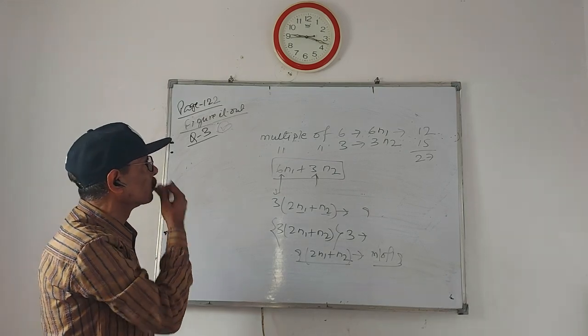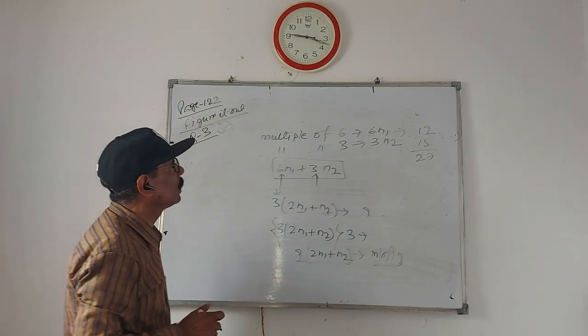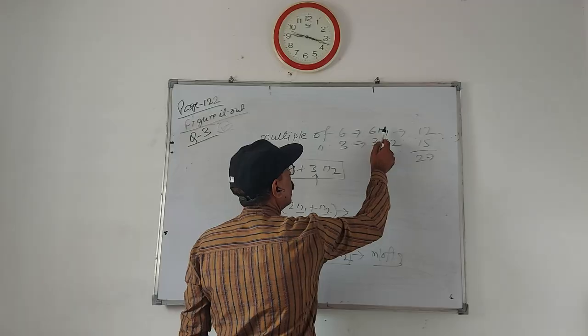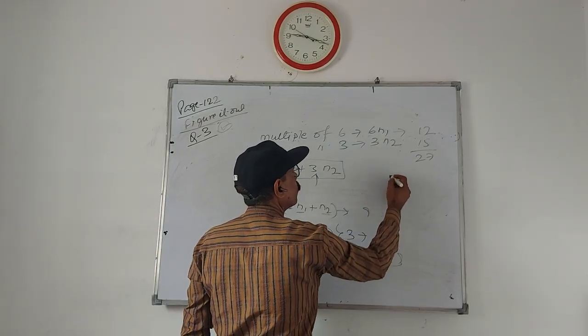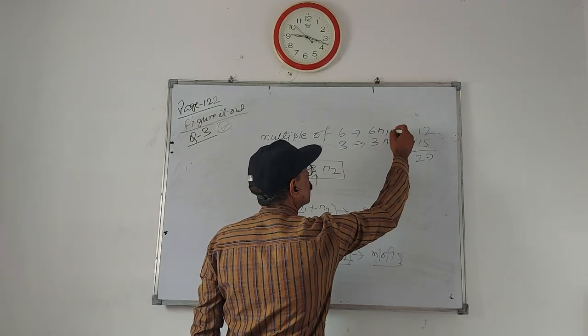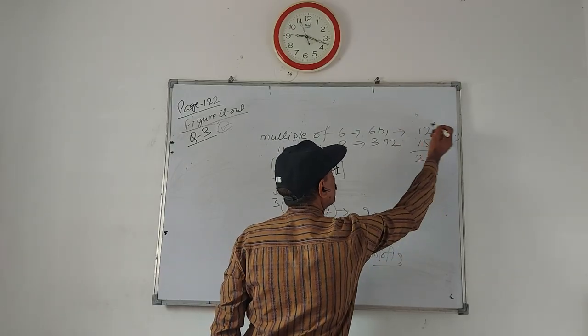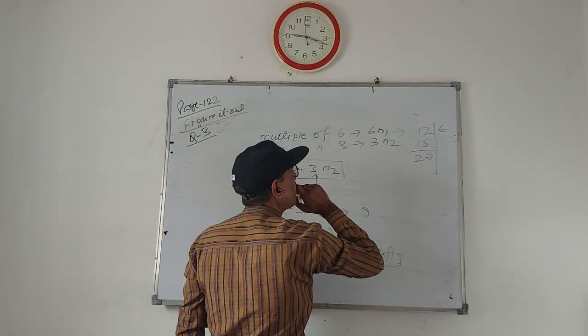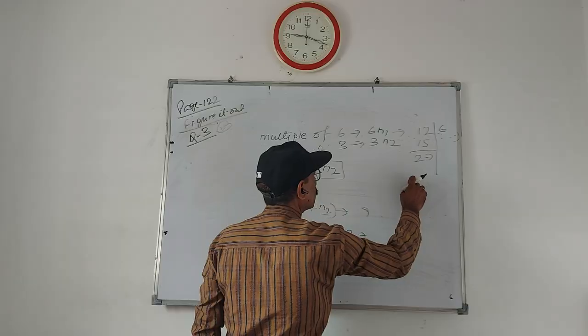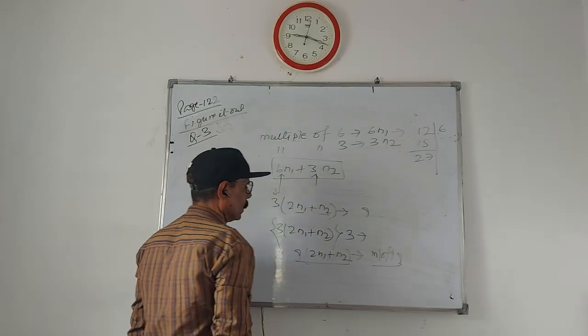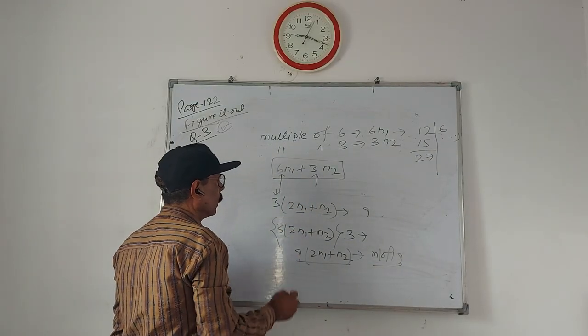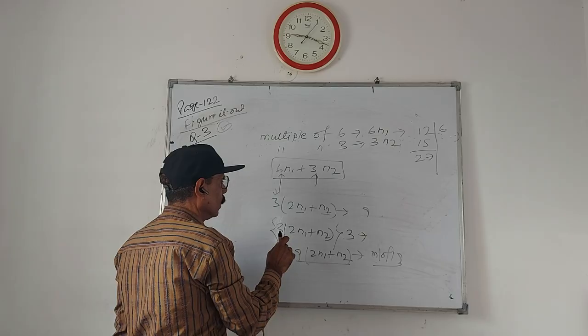But if you take a value of n, suppose 1, only 6, this is a multiple of 6. Here if you take only 6, and a multiple of 3, then here the value of 3 and 1.